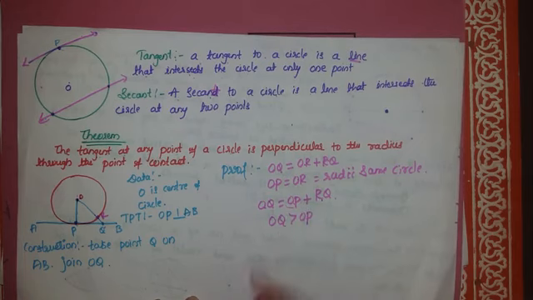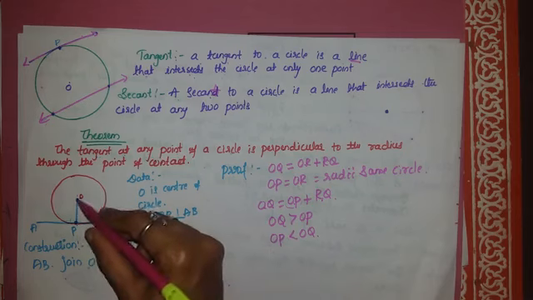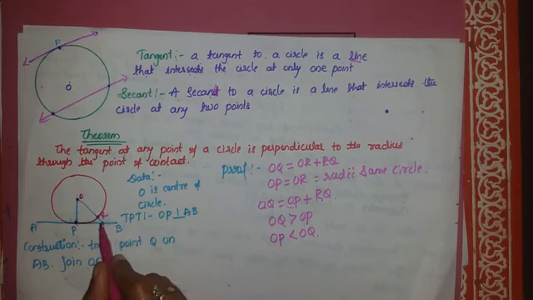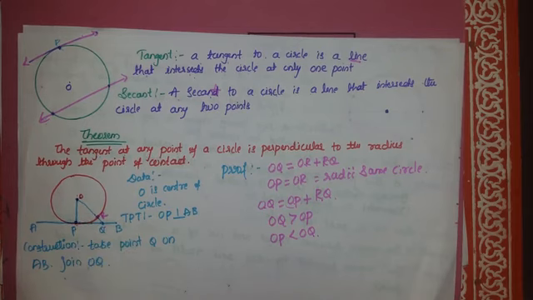How is that? OP is smaller than OQ here. So OP is the smallest one. If you take any point here, OP is always the smaller one.